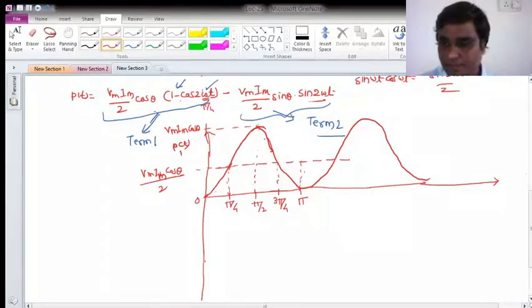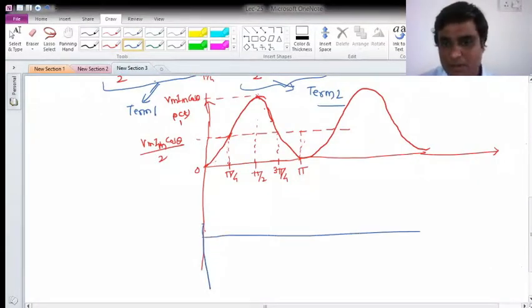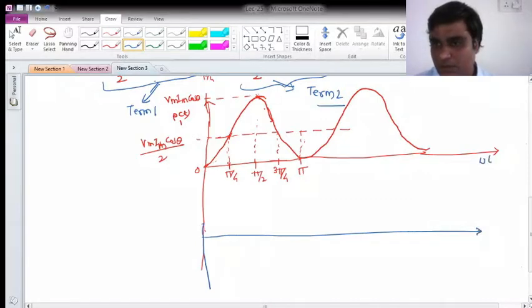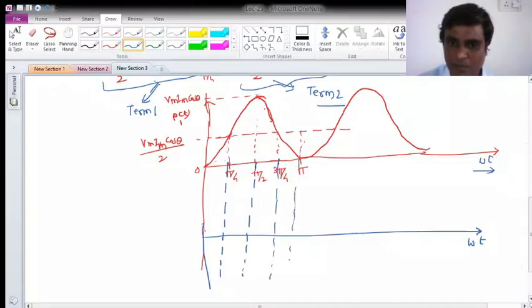Now let me draw the second term. This is omega t, this is also omega t. Let me draw up to here only.